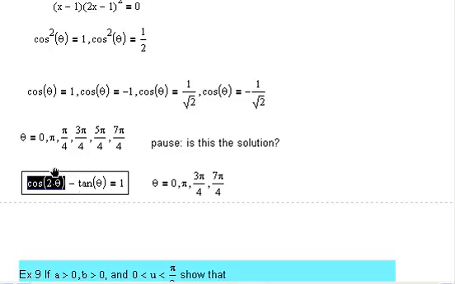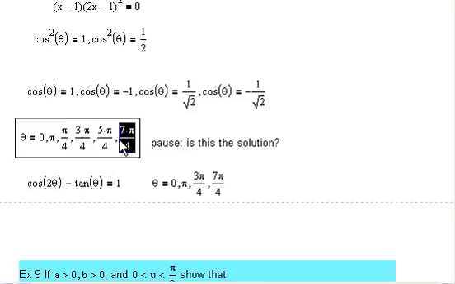By the way, this would be cosine of 5 pi over 2 then, if theta was 5 pi over 4. Cosine of 5 pi over 2 is the same as cosine of pi over 2, and that's 0. Think about what the x-coordinate is on the unit circle at pi over 2.